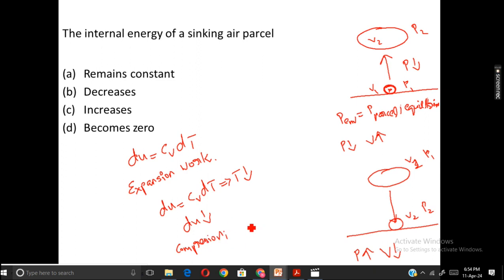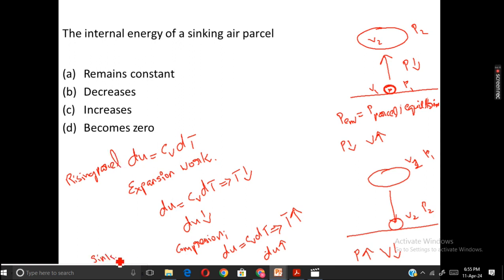Work is done by the surroundings on the system. So dU is equal to Cv dT. Since it is compression, temperature will increase. The work is done on the system, not by the system, so there will be an increase in temperature, and dU will also increase. This is the case of a rising parcel, and the other is the case of a sinking parcel.